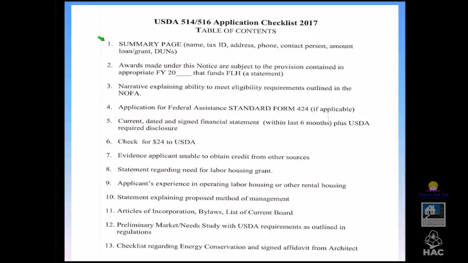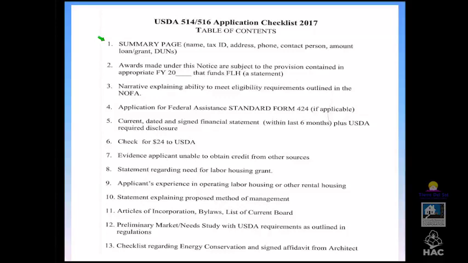I want to encourage everybody to pay attention to the deadline for the application. It will say an Eastern Standard Time for the electronic submittal, and then if you're submitting a hard copy, it's according to the locality's timing.